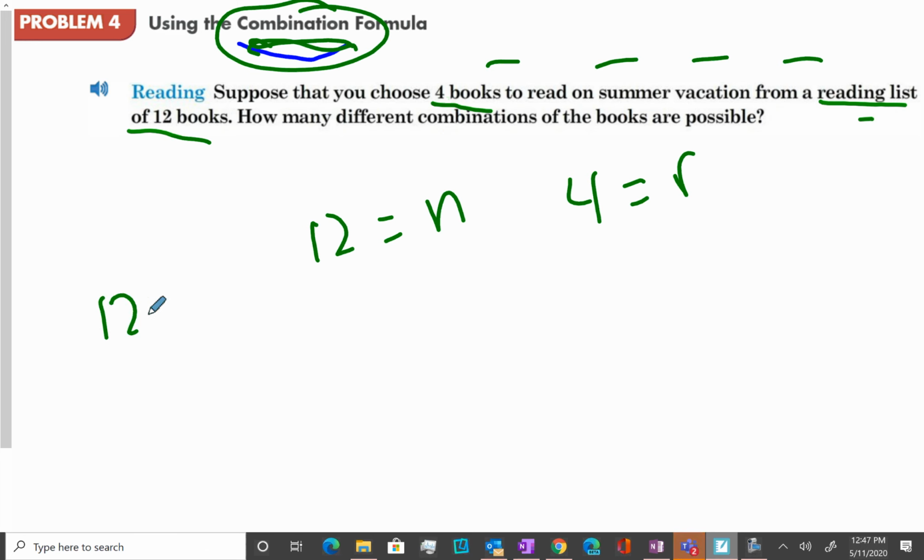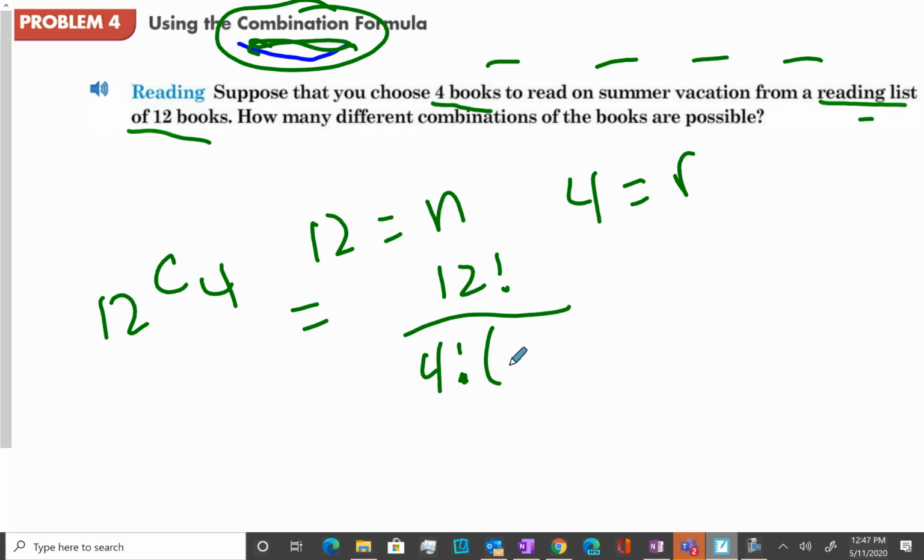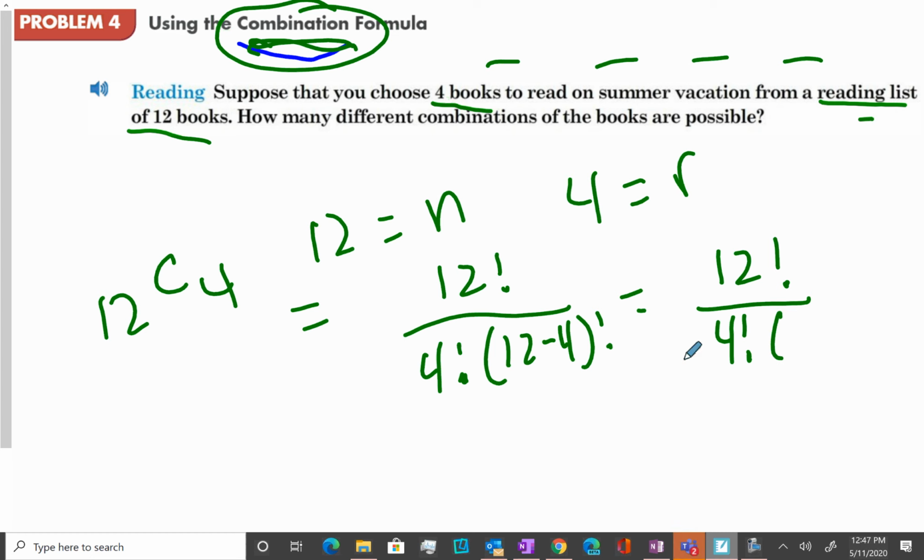So I can do 12 choose 4. I can do it like that, and then I'll go ahead and write out the notation. So the 4 goes here, 4 factorial, and then inside here I take 12 minus 4, and then take the factorial. So 12 factorial on top, 4 factorial on the outside, and on the inside 12 minus 4 is 8, right?